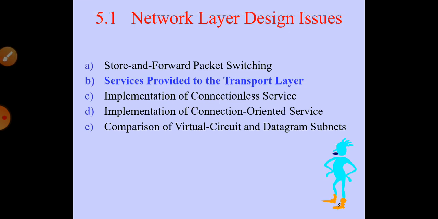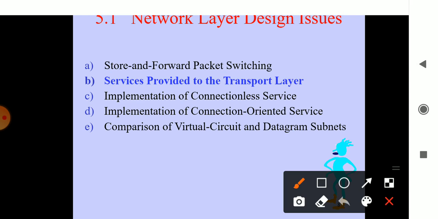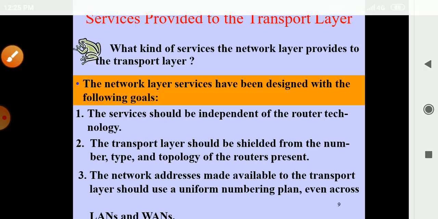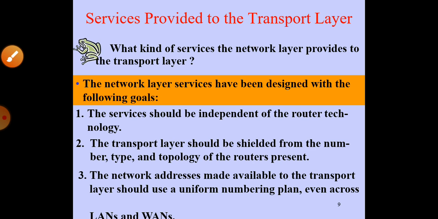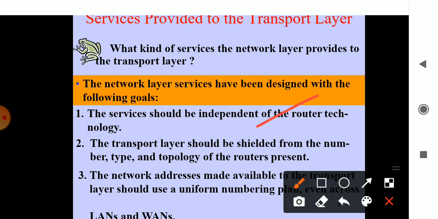The second design issue considered in the network layer is the services provided to the transport layer. What service is provided by the network layer to the transport layer? The important aspect is that whenever information is passed, it should be independent of the router technology.